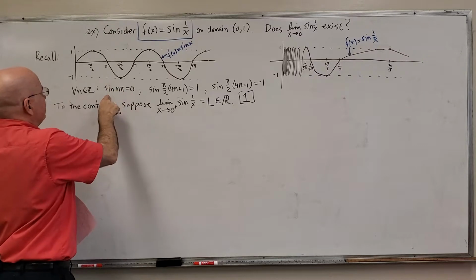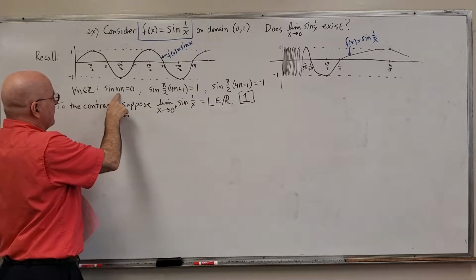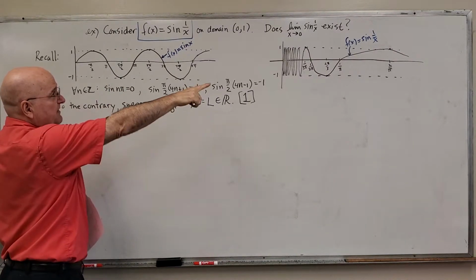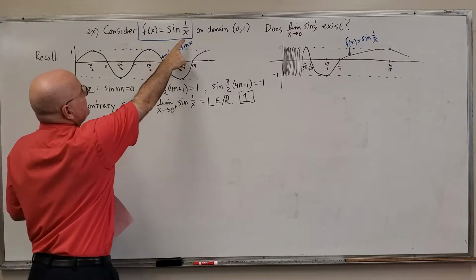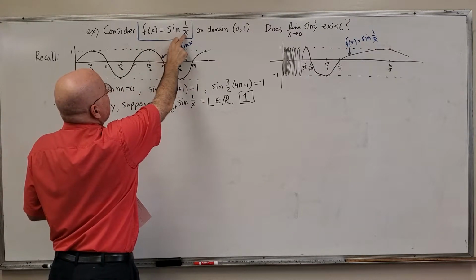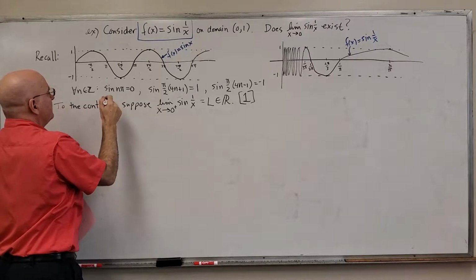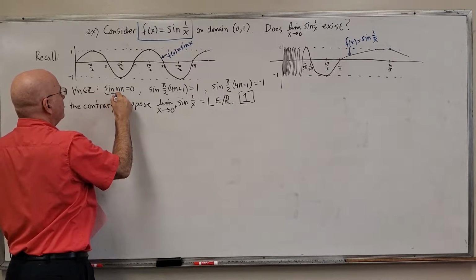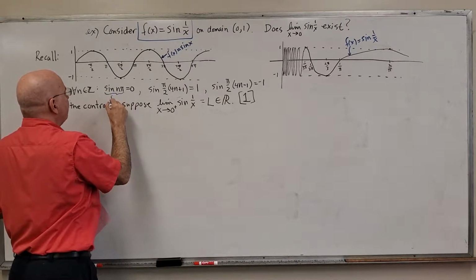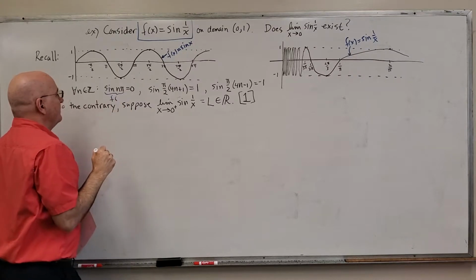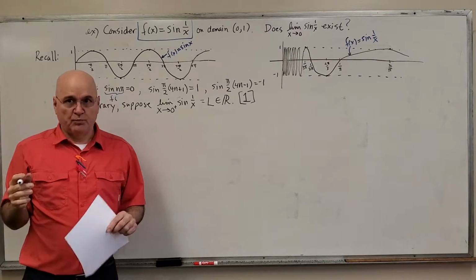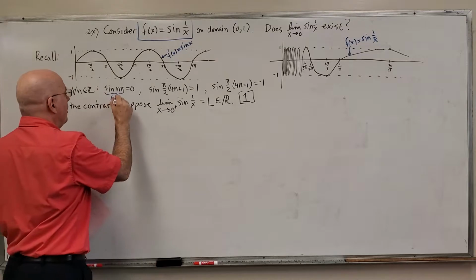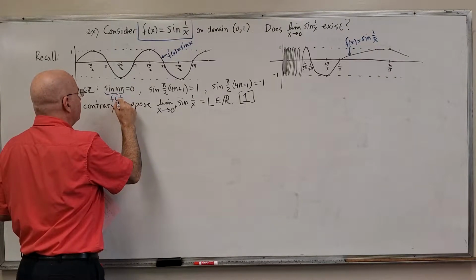As I mentioned down here, what does it mean for sine of n pi to be 0? Well, if we think of the function we're looking at here, this is the reciprocal function, and we're taking the sine of the reciprocal. So this would be f of the reciprocal of n pi, 1 over n pi.